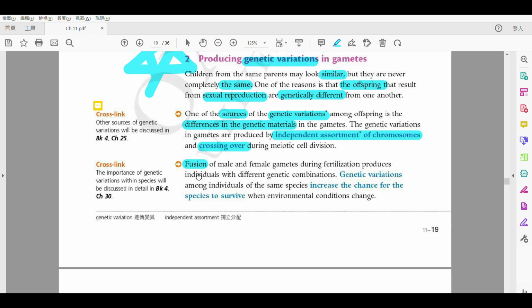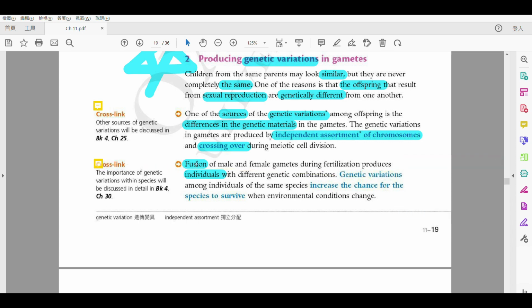What is that thing called after sperm and ovum fuse together? We call it a zygote. Okay, so remember that.